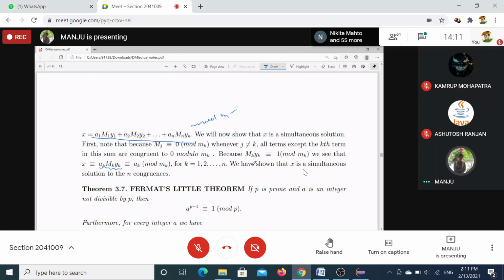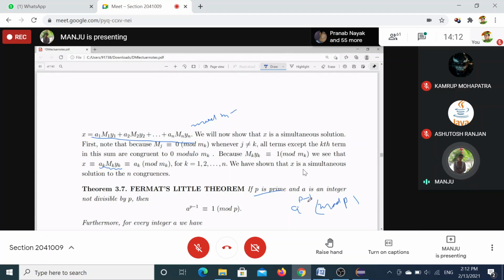Then you have Fermat's little theorem. If P is prime and A is an integer which is not divisible by P, and you are asked some integer raised to power P minus 1 under modulo P, what will it be? You can directly check whether this is prime or not, and whether A is divisible by P or not.